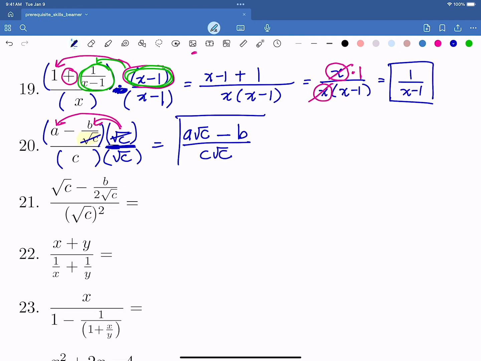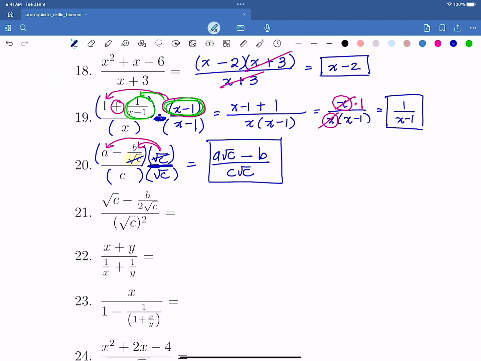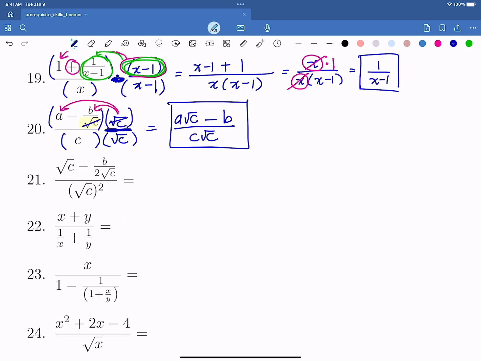So I can stop there. The direction said simplify. It's not always clear how far to take it. If there's clearly a common factor, then you need to cancel it out when you're simplifying. But here we can leave it as is. I could also take it a step further if I want to separate this into two fractions. I could think of this as a root c over c root c, and then minus b over c root c.